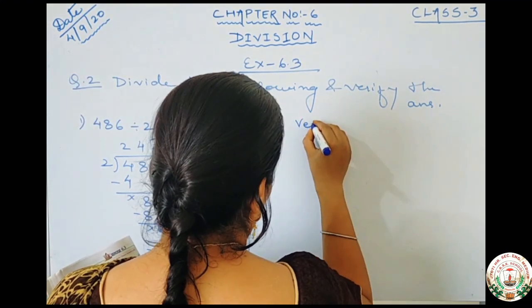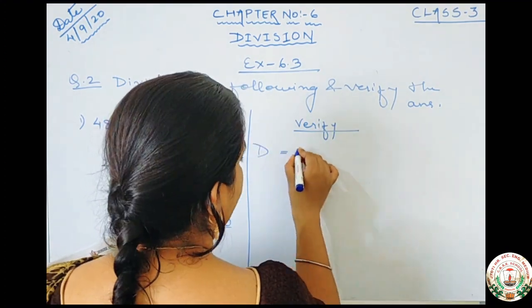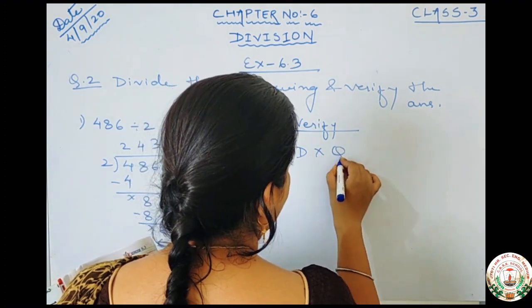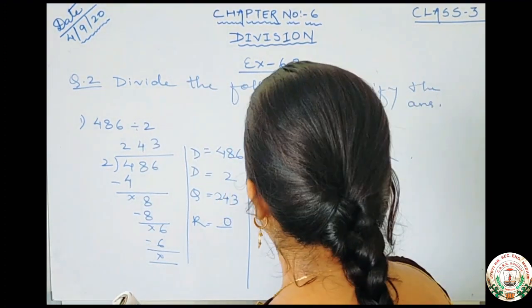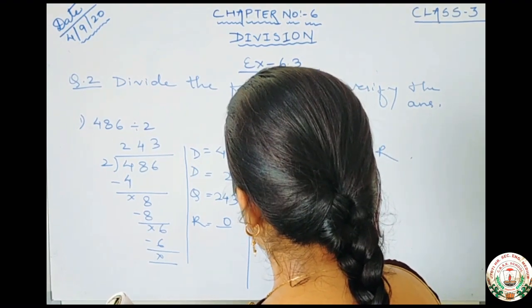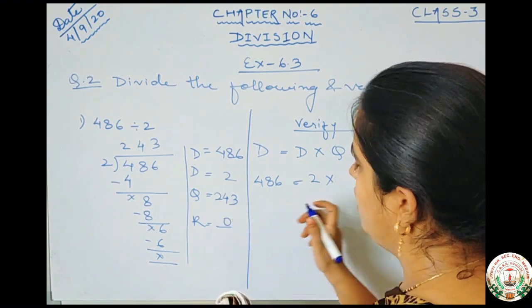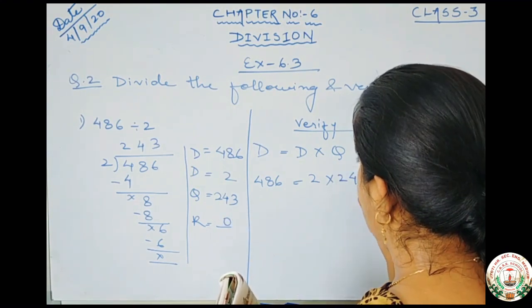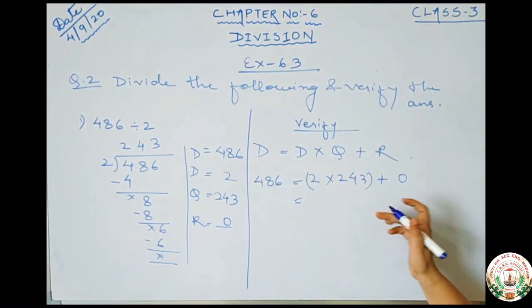For verify we will write the formula first. Verify. Dividend is equals to divisor into quotient plus remainder. Okay. So what is the dividend in this question? 486 is equals to divisor is 2 into quotient is 243 plus 0. So first we will multiply this.